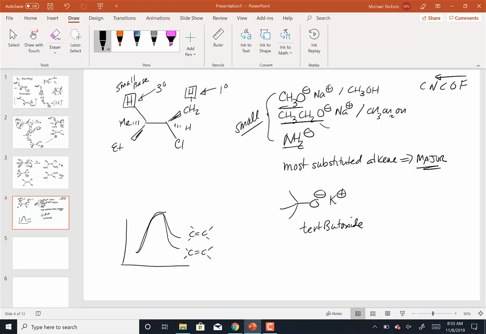Up here, this was ethoxide, and this is called methoxide. So now if I make a sterically hindered base, and this is just one of many, there are some other ones that in the video I talk about that are my personal favorites, but this will work.